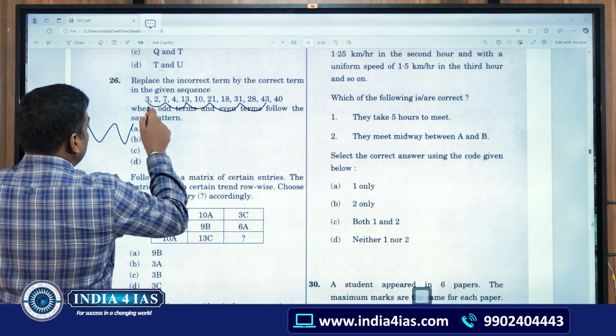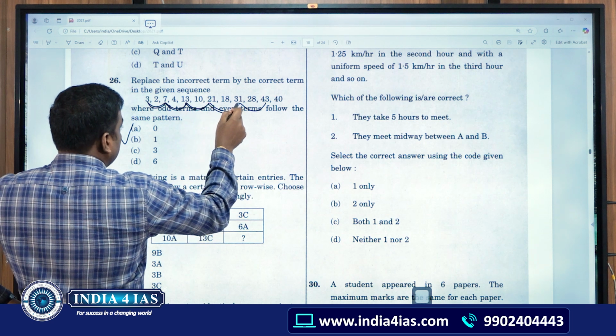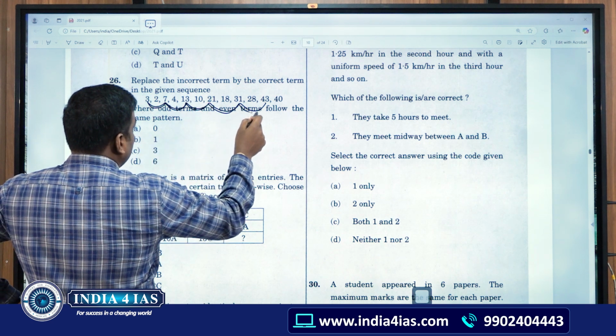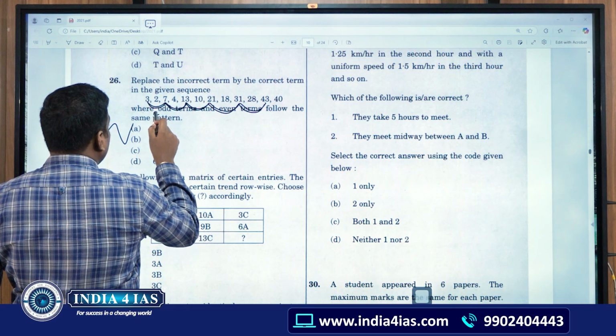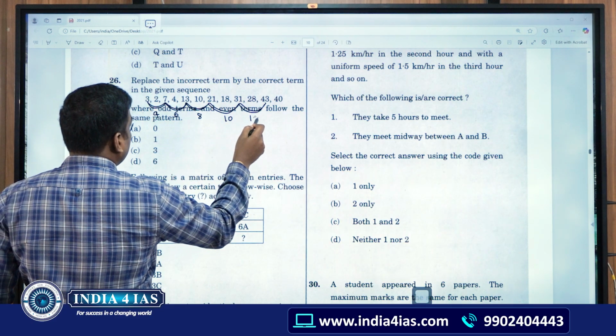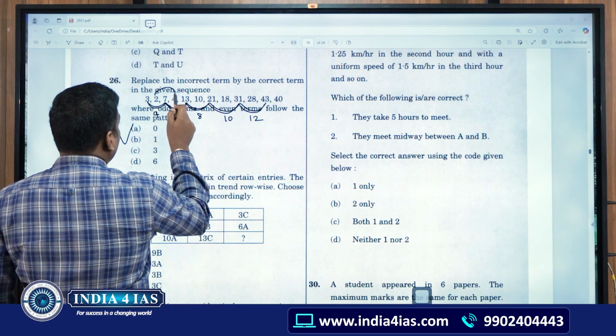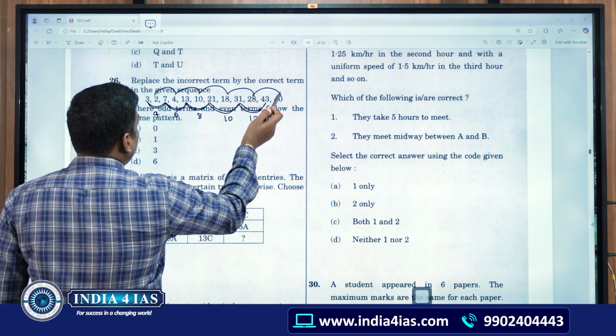For example, 3 plus 4, 7 plus 6, 13 plus 8, then 21 plus 10, 31 plus 12. So every time we are increasing, we are adding that much. Now 2 to 4, 4 to 10, 10 to 18, 18 to 28, 28 to 40.